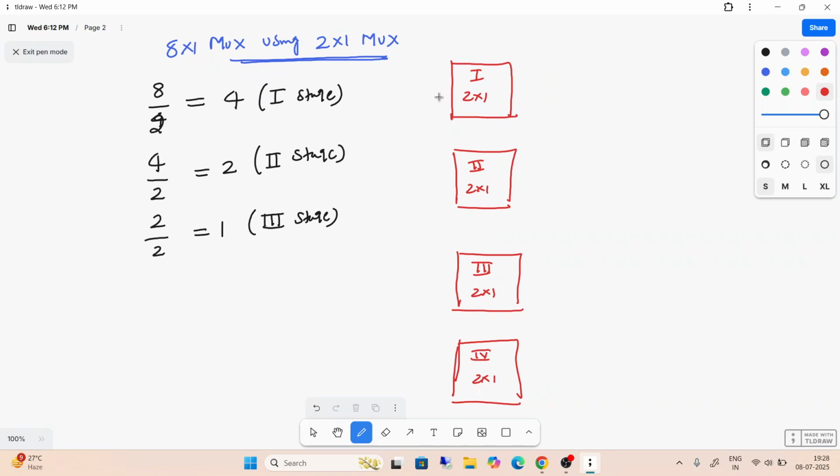How many inputs are there in total? 8 inputs: I0, I1, I2, I3, I4, I5, I6, I7. The common selection line is S0 for all these muxes.